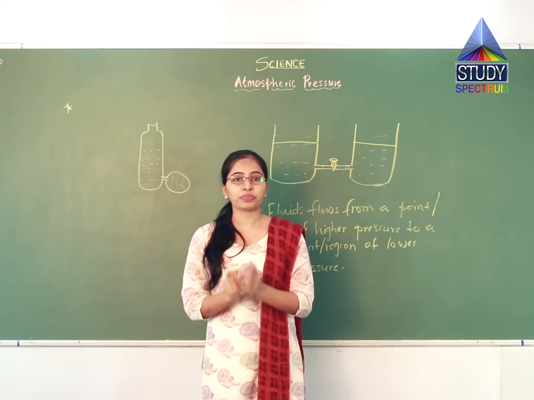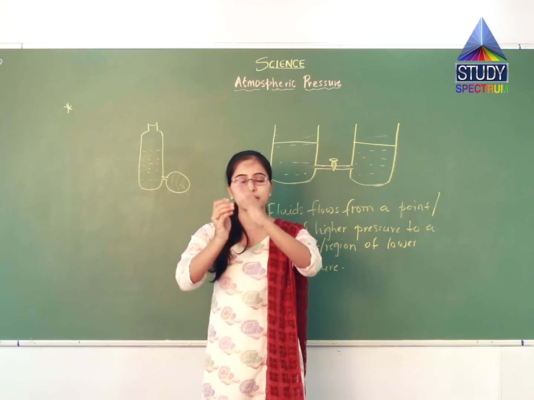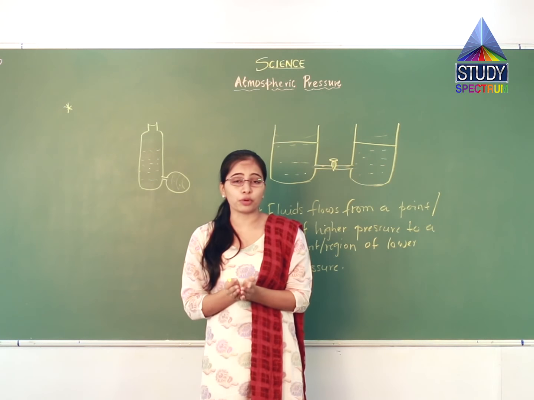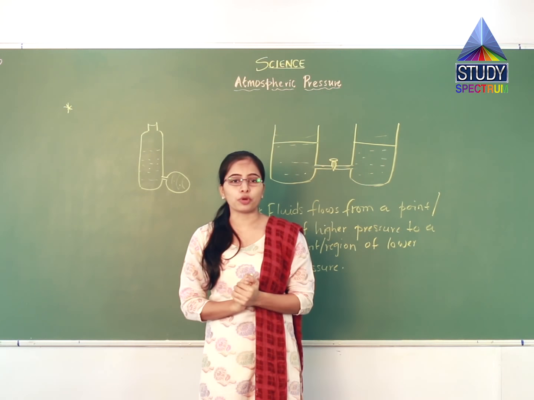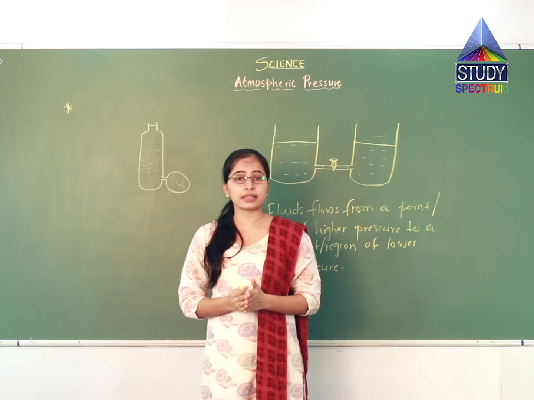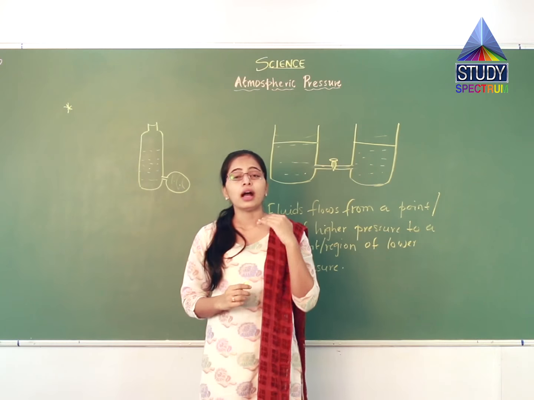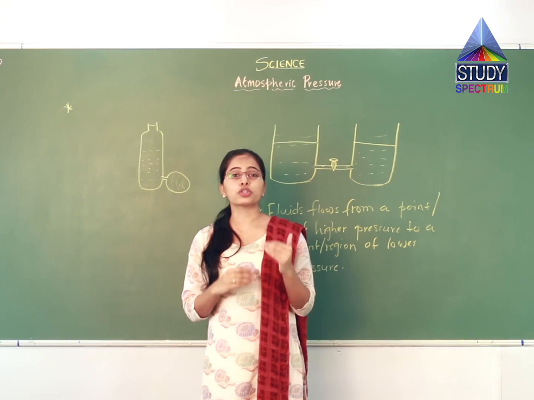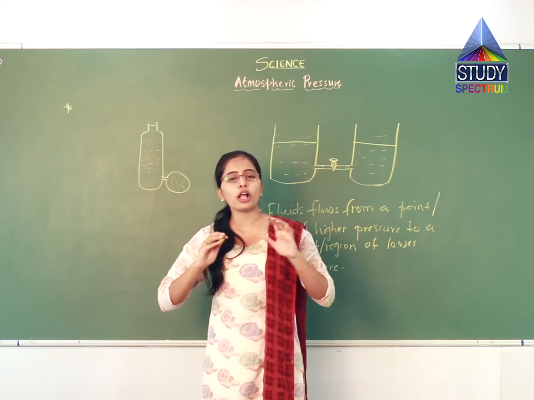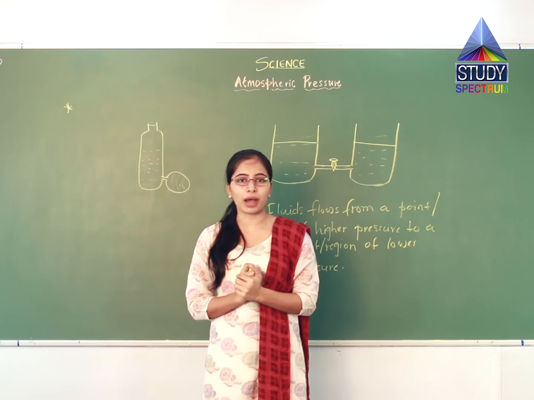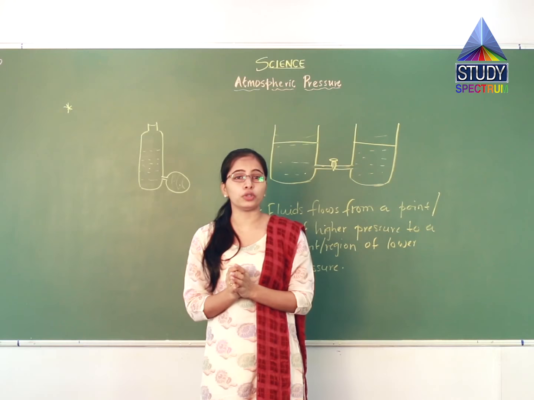Now as you know, Earth is the only planet having the shielding of an atmosphere. In this atmosphere we have different gases like oxygen, nitrogen, carbon dioxide, and dust particles, also water vapor. All these particles definitely have some mass and some volume.